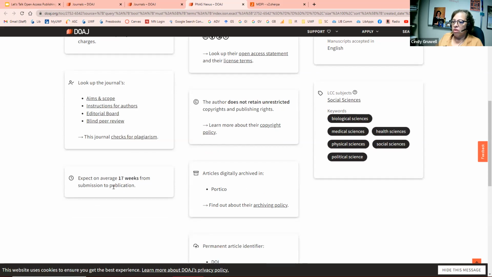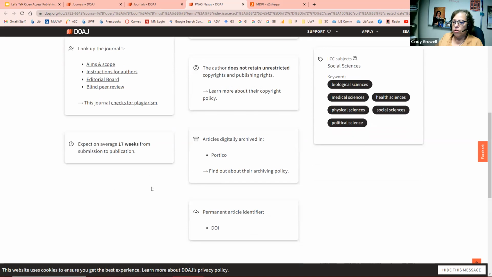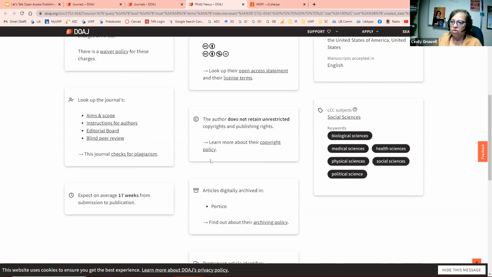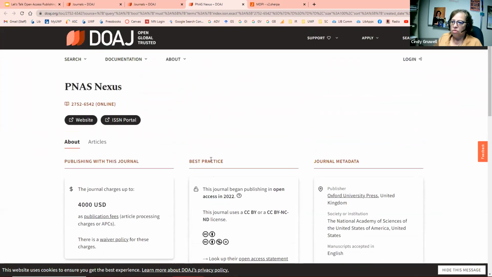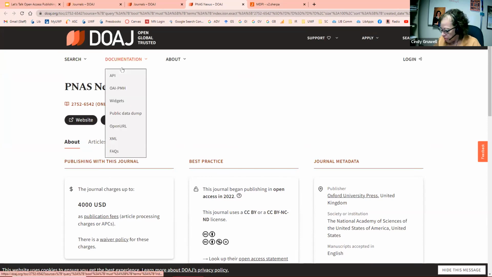They're expected an average of 17 weeks from submission to publication. It also is archived in Portico. So sometimes they will tell you where you would find the archive of the articles in different repositories.